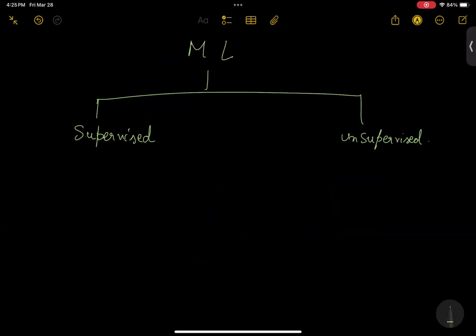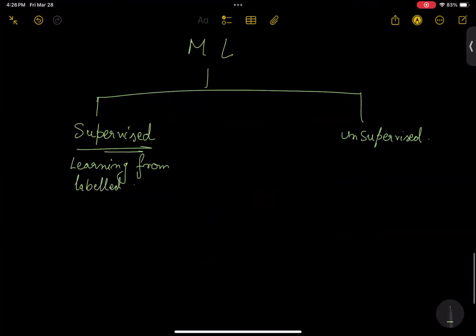The supervised algorithm is basically a way of learning, or you design a way of learning, from labeled examples. In the example that we had, you are giving the input-output pair. Let me write it down, it will make more sense. Learning from labeled examples.